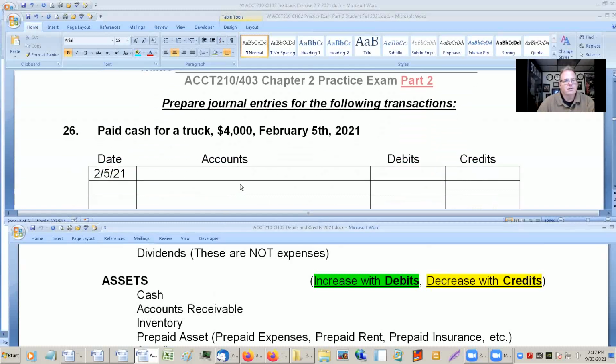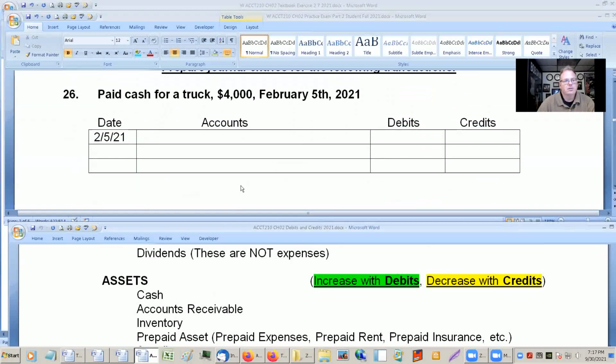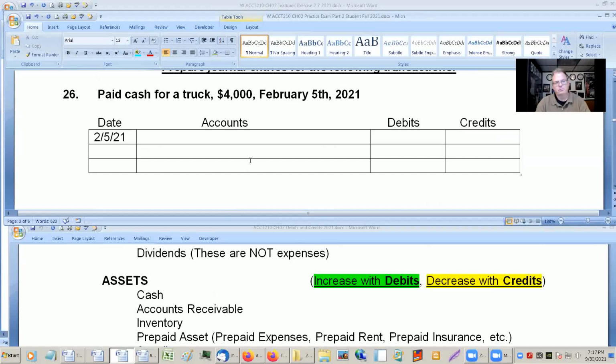Let's see. Pay cash for a truck. One is still cash, and the other, equipment. Would a truck be considered equipment? Yeah, it should be. Sometimes they might just call it truck, there are assets that are just called truck, but cash and equipment is probably the best.